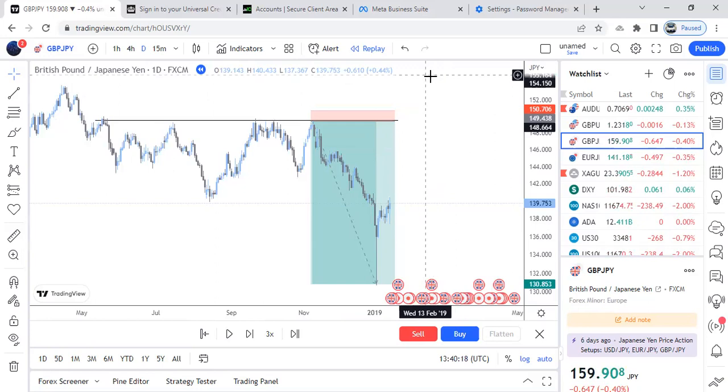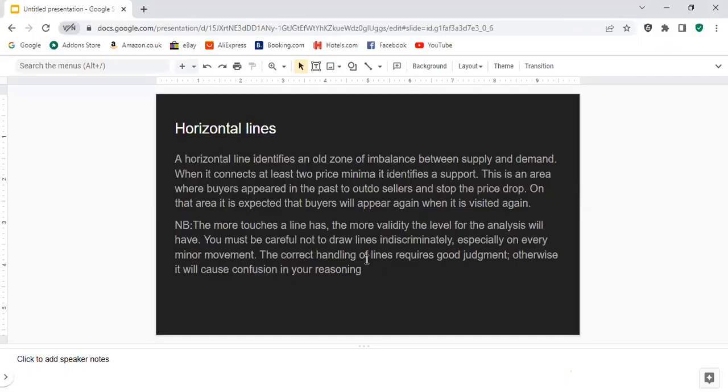Let's go back to it. As it said, the correct handling of lines requires good judgment. Otherwise, it will cause confusion in your reasoning. That's NB. NB means nota bene, take note, writing in a particular place so you can remember.